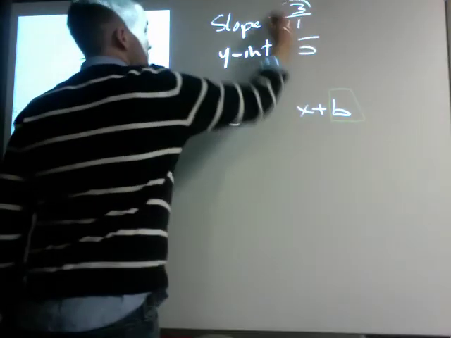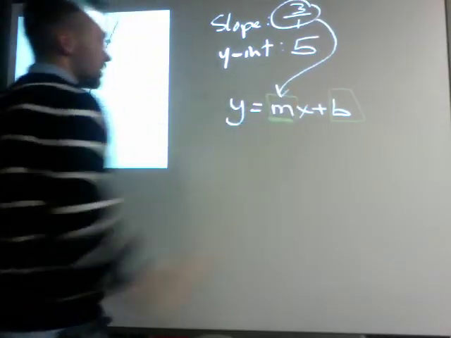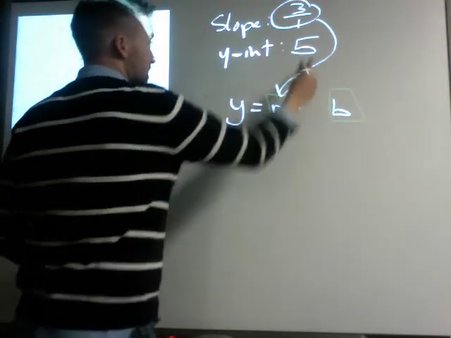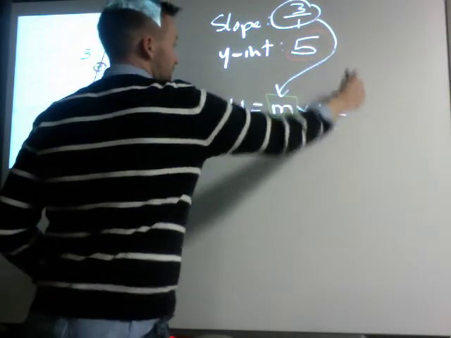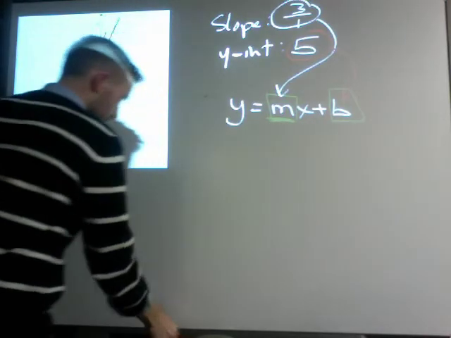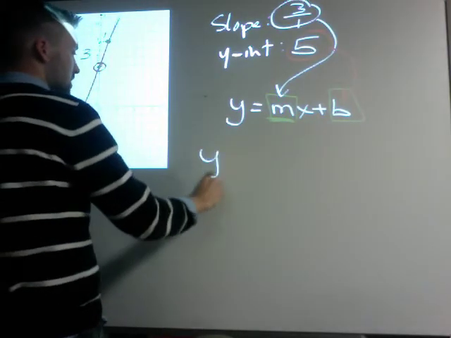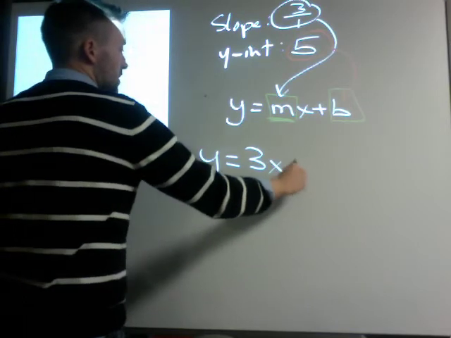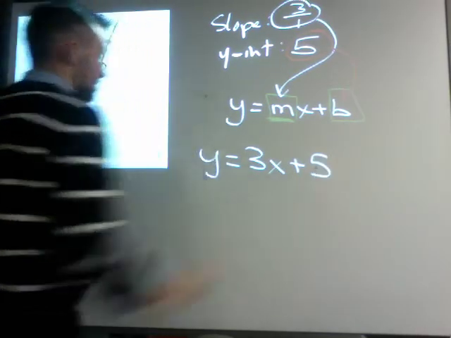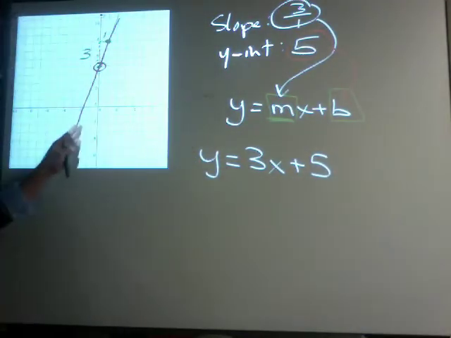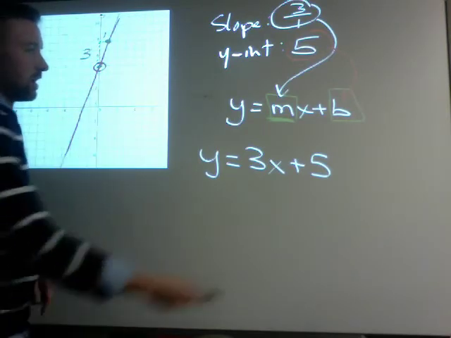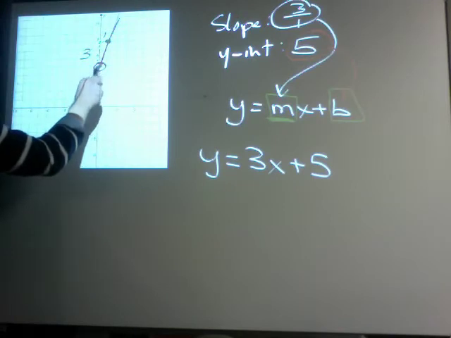Our slope is 3 over 1. We'll just write that as 3. Our intercept is 5. We'll put that in for B. So our equation will be y equals 3x plus 5. It has a rate of change of 3. For every time it goes over 1x, it goes up 3. And it starts at 5, our initial value right here.